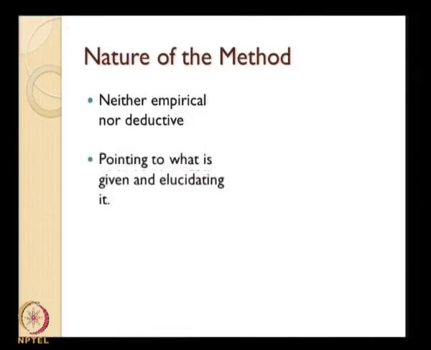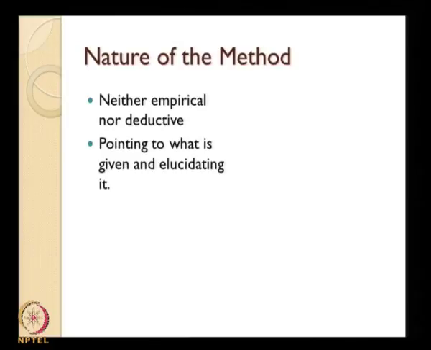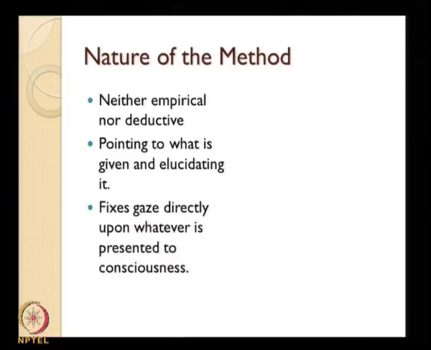Now, again, the method of reduction which we have been talking about, which is the phenomenological method, what kind of a method is it? Here Husserl clarifies that it is not an empirical or a deductive method. The empirical method is adopted by the scientist, and the deductive method is largely adopted by mathematicians. This method is different. It points to what is given and elucidates it, and it fixes its gaze directly upon whatever is presented to consciousness.